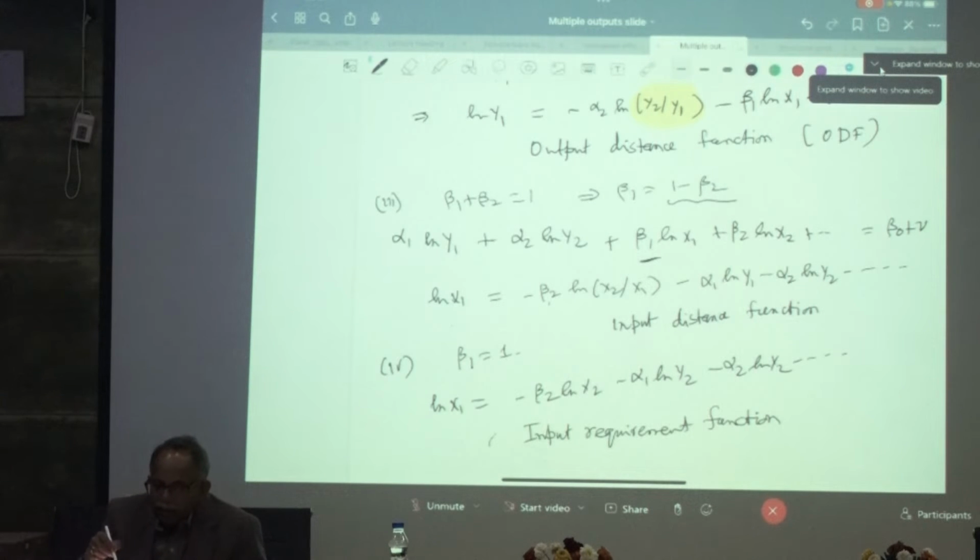So this simply says that if x1 is labor, for example, then this tells you what is the minimum number of people that you need to produce a given level of y1 and y2, and given the quantity of land and labor and land and fertilizer and things like that.